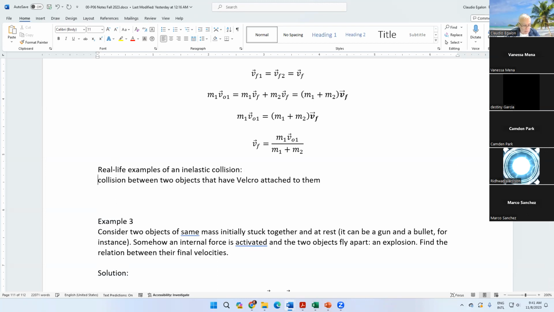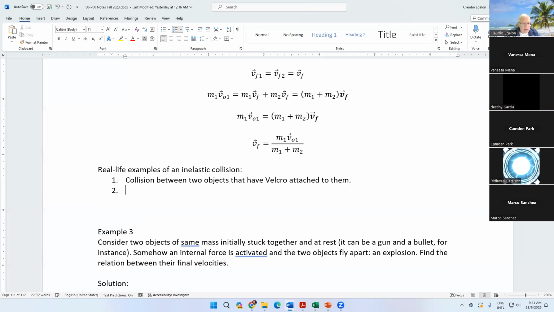I'm gonna give you only two collisions that have Velcro attached to them. You have one side of the Velcro in one object, the other side of the Velcro in another object. You go ahead and make them collide, they stick together and they move together. Another important example, collision between two cars.